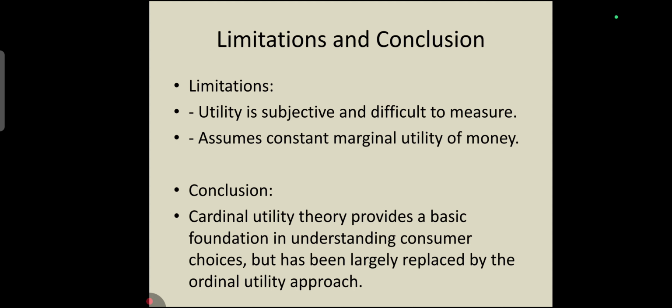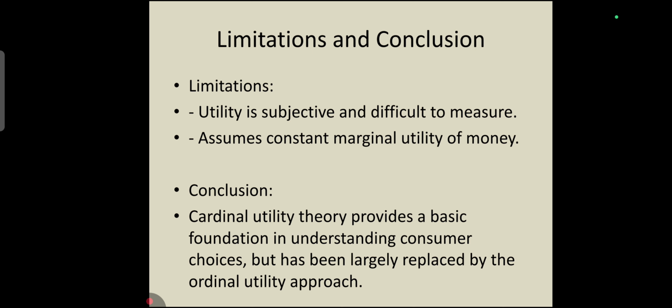You are ranking them also, wherein the ordinal approach comes into play. So this is one drawback of the cardinal approach, that it says that utility can always be measured in numbers. And the second limitation says that it is assuming the constant marginal utility of money, that every additional rupee that we are spending is constant over all the additional units of the commodity.